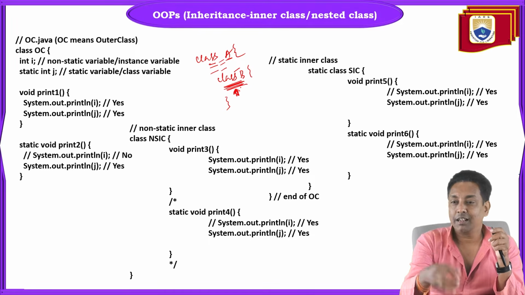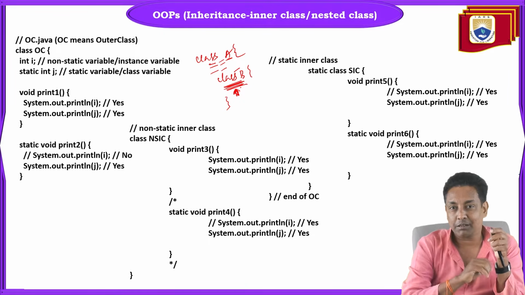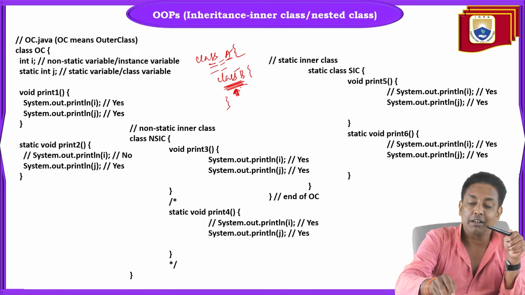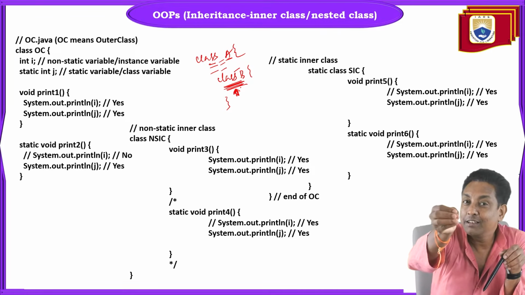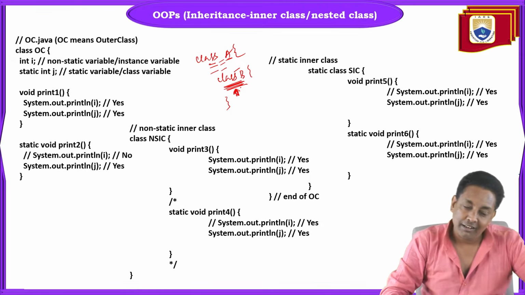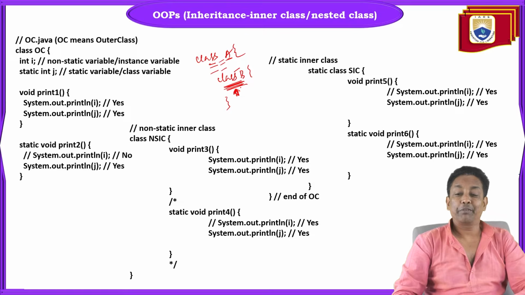Because it's a class, it can be final, it can be abstract by nature. In addition to abstract and final, an inner class can be static also. Like how variables are static and methods are static, an inner class can be static also.